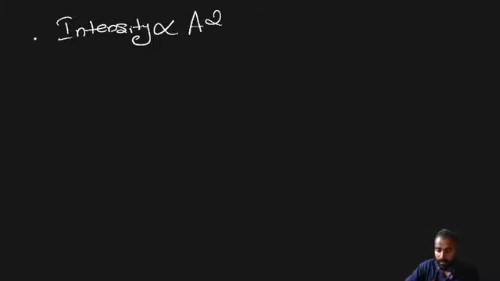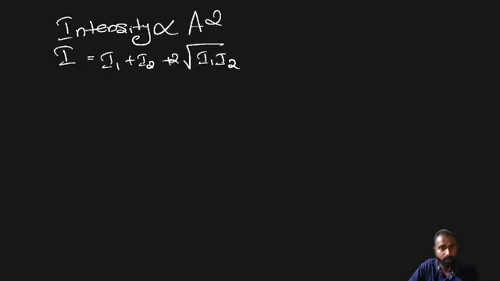Then the resultant intensity I is equal to I1 plus I2 plus 2 into root of I1 I2, because I is a square.